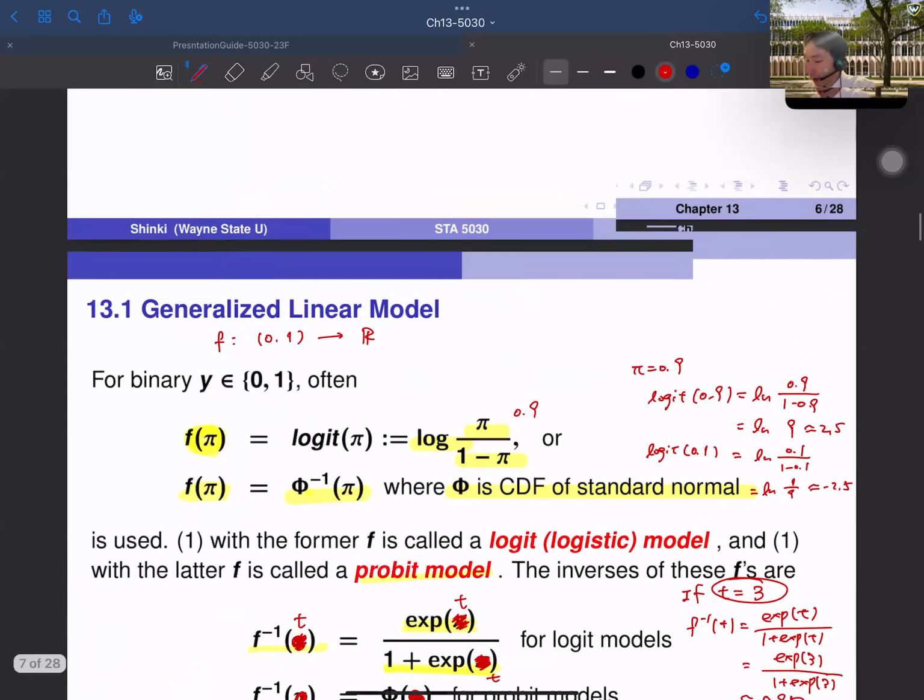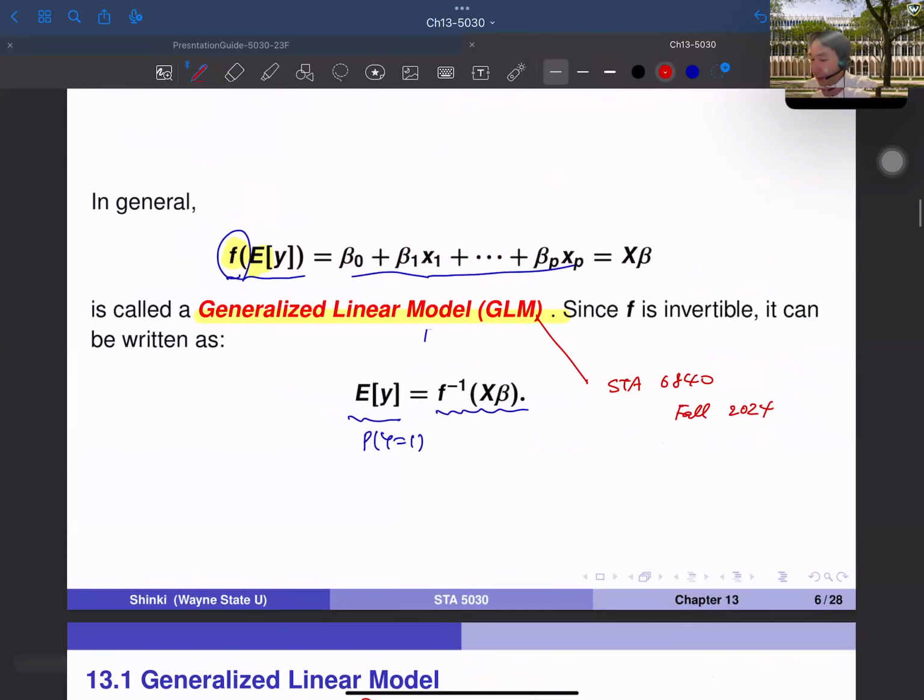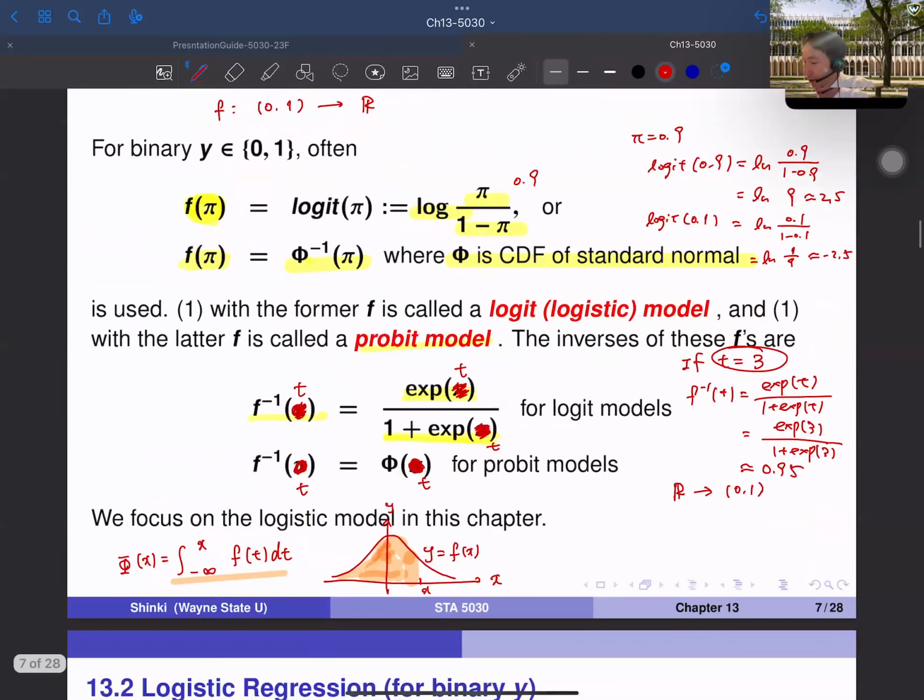That can be obtained from this side. So if x1 to xp are given, we can calculate this value. And suppose this is 3, then we can input 3 into this f inverse, the inverse logit function, and get the probability 0.95.